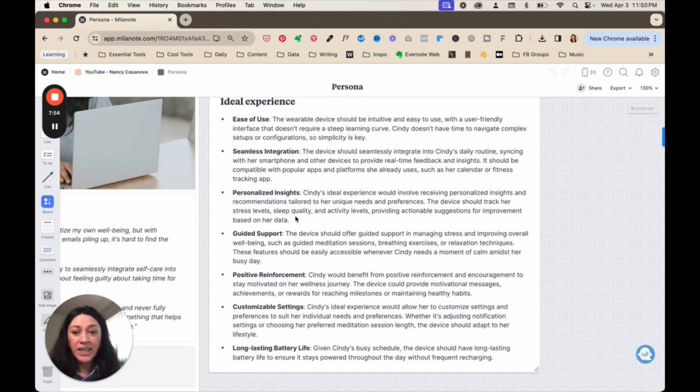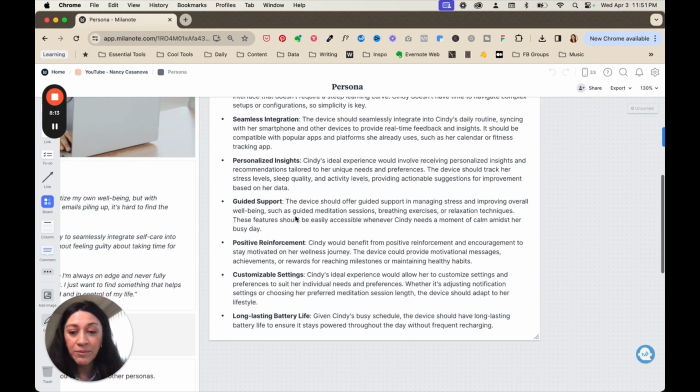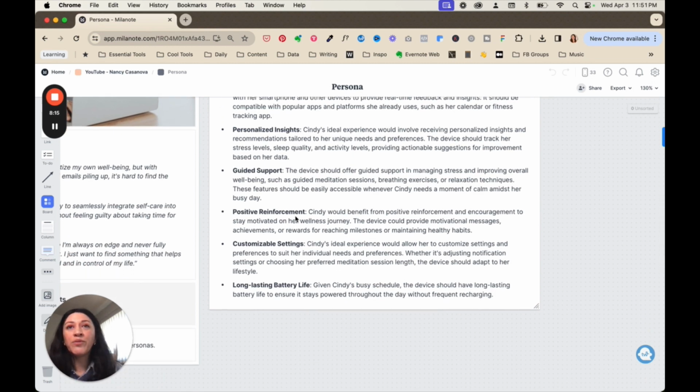And then something that guides her through it. If she hasn't onboarded well before, make sure she has a guided onboarding experience, so she knows there are breathing exercises and relaxation techniques that nudge and guide her towards using this more often.